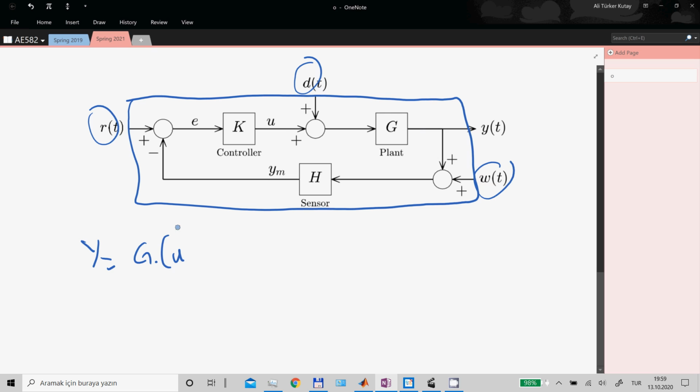And let me just use capital letters here because these are all functions in S domain. So U plus capital D, okay? But instead of, well, D is an external signal. I can just leave D as it is. But instead of U, I can write it as the output of the controller block, which is K times E. So this is K times capital E plus capital D, okay?